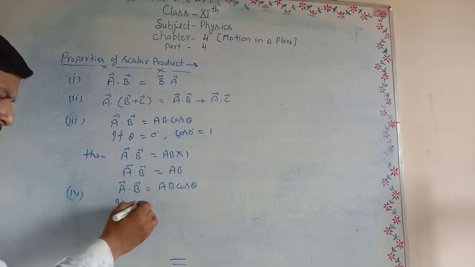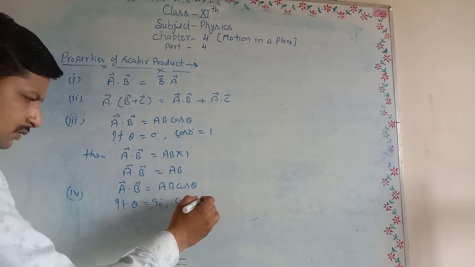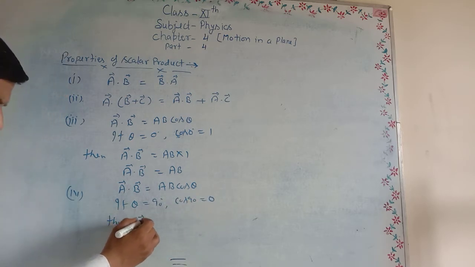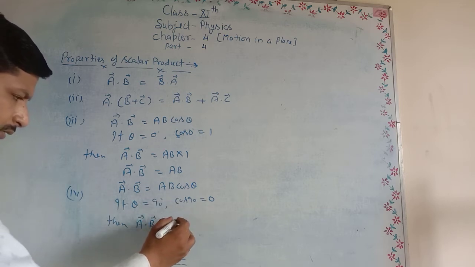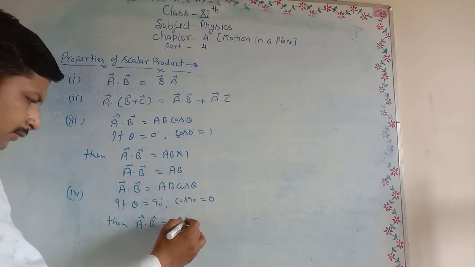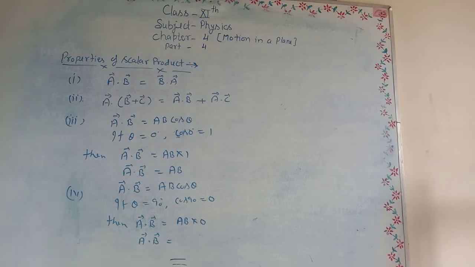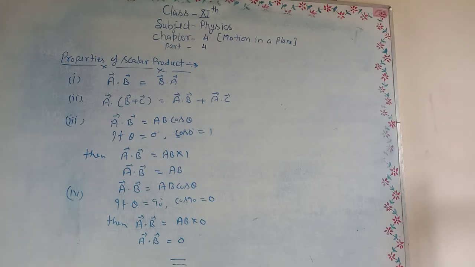Okay. Next, fourth property. We know that A dot B is equal to AB cos theta. If theta is equal to 90, the value of cos 90 is equal to 0, then A dot B is equal to AB into 0, then the dot product of the vectors will be 0.